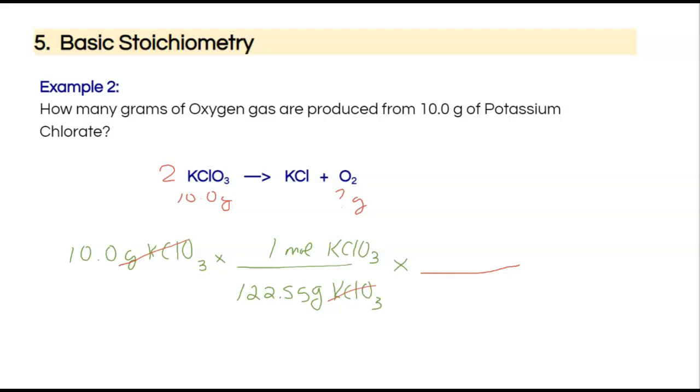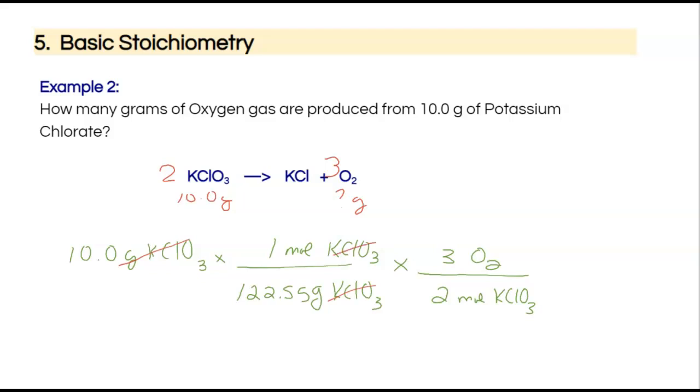So to do that, I'm going to want to use my mole ratio at this point, right? So I know that I have 2 moles of KClO3 that are used in order to make, I don't know what happened to this 3 there, but there it is, 3 moles of oxygen gas. And so at this point, I've converted to moles of oxygen.